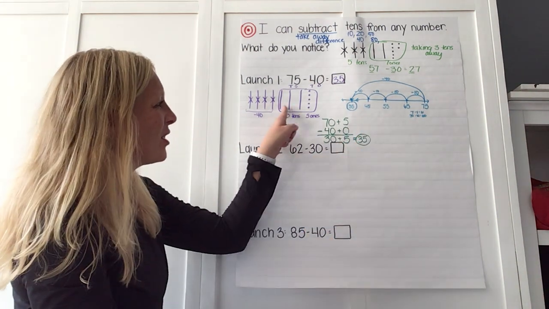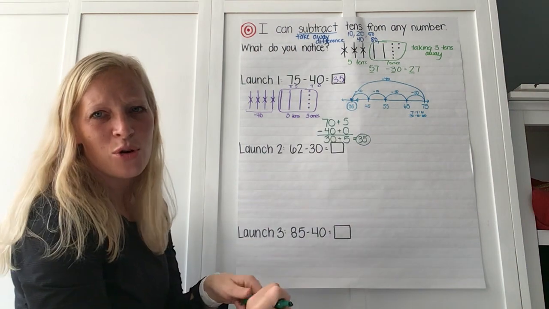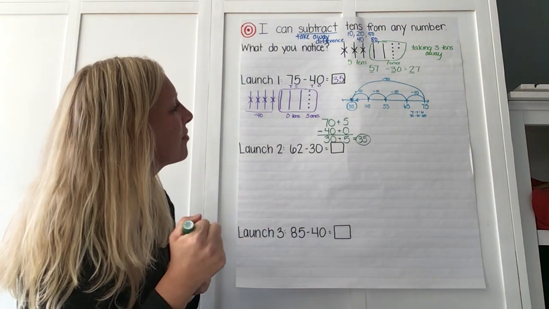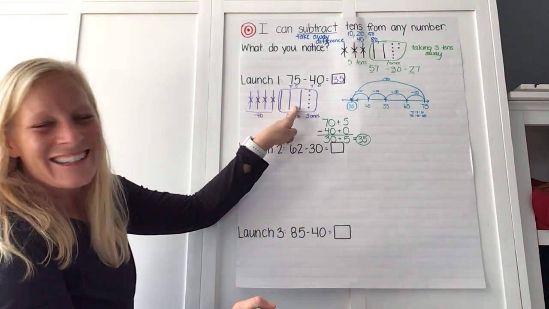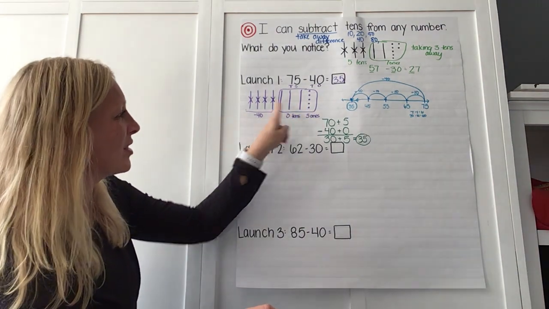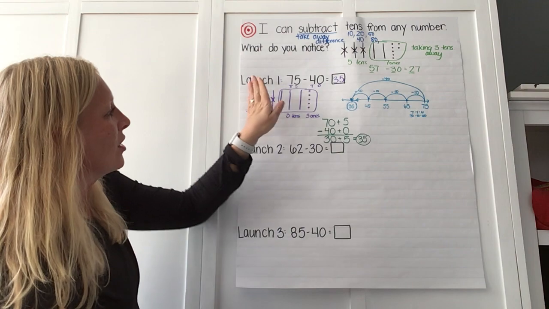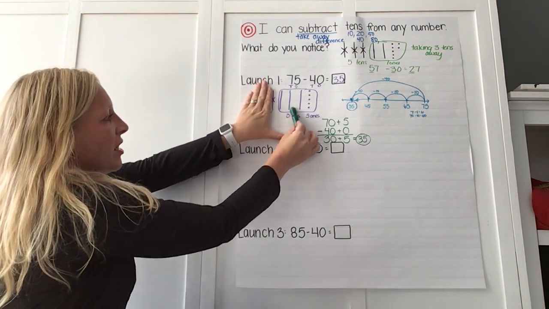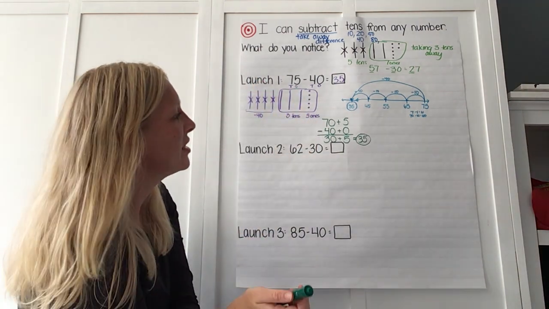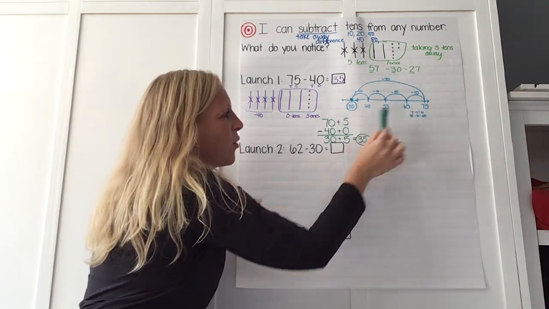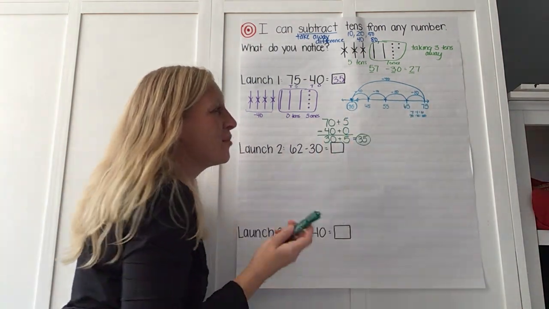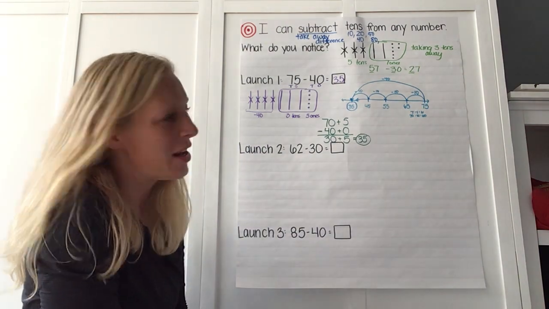How does this look or remind you of one of those strategies up there? Took away the tens, didn't take away any ones. So there's your 70. You took away your 40 and had your 30 left, and then those 5 ones it didn't touch. Taking away those 40, landing on 30, but we didn't take away any ones on that one, did we?